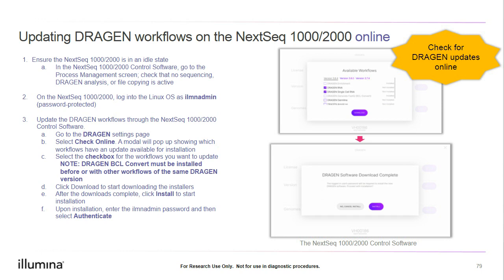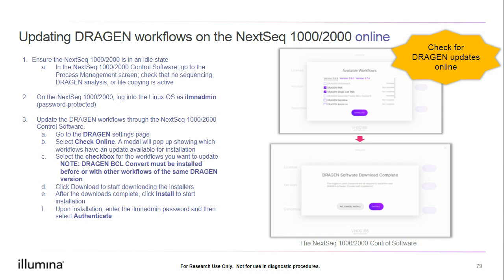On the NextSeq 2000, you'll log onto the Linux operating software as Illumina admin. You'll then update the DRAGEN workflows by going to the DRAGEN settings page, selecting check online, and then selecting a checkbox for the workflows that you want to update.